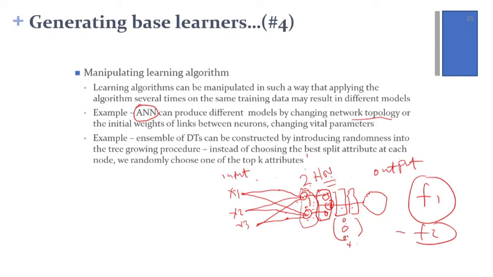And now we are talking about manipulating the learning algorithm itself. We try to change the topology. We do this by changing the vital parameters of the algorithms. An example is given here, like decision tree.